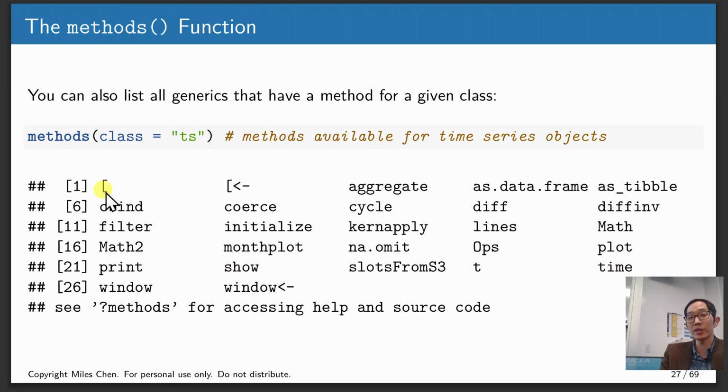We can subset a time series using the square bracket. We can use subset in conjunction with assignment, and that's what this means. Meaning you can subset a vector and then change the value in that specific location. So those are the methods that belong to a certain class.